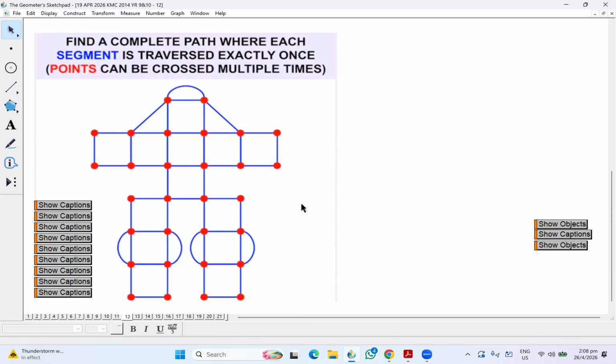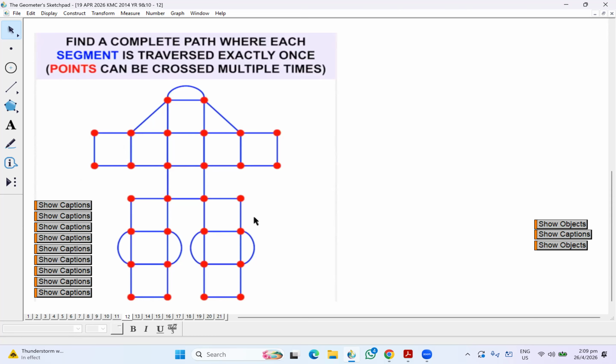The end point also must be odd. If you pass by already, later you come back, end here, finish. No need to go out anymore. If you have 4 edges at a point, you come in, go out, you come in, you have to go out again. So the end point and starting point must be odd.